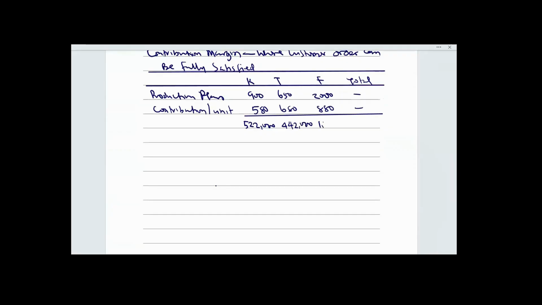Then here is 1,760,000. We then add the three of them together: 522,000 plus 442,000 plus 1,760,000 is 2,724,000. So this represents the total contribution.